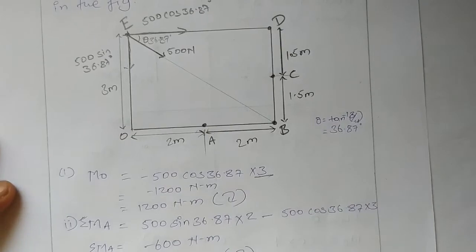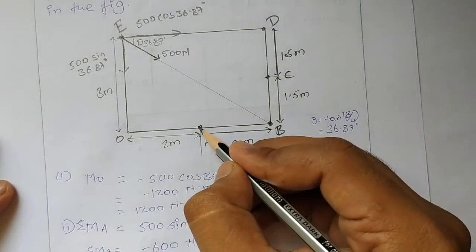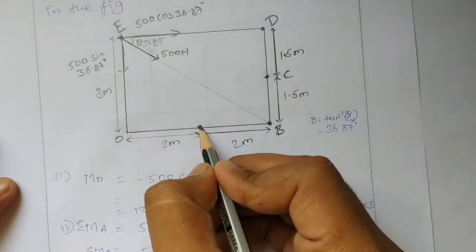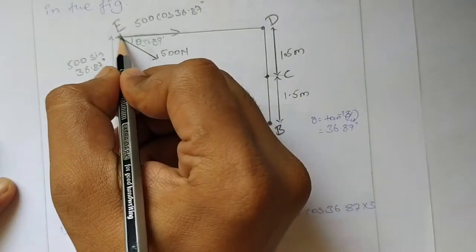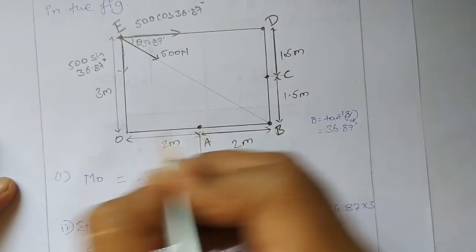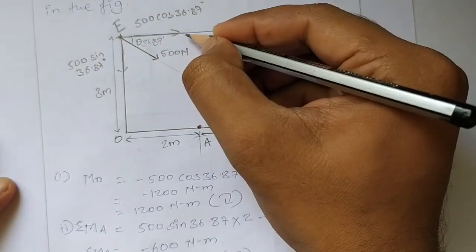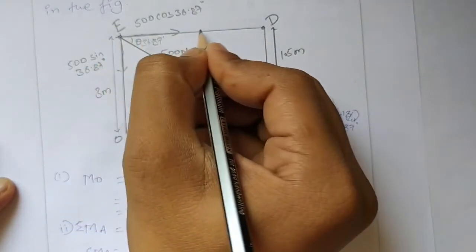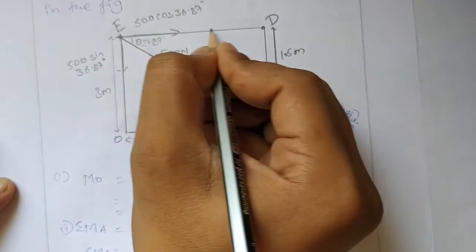Again from point A we will try to understand here. Let us consider the horizontal force. From this horizontal force, the perpendicular distance is 3 meters, and the line of action of the force is this.